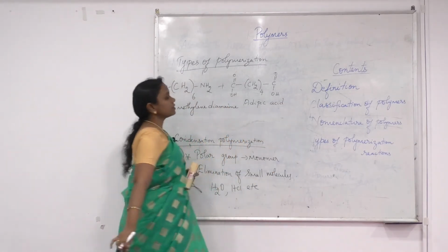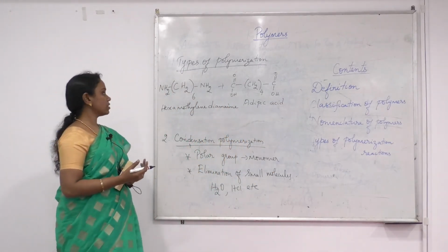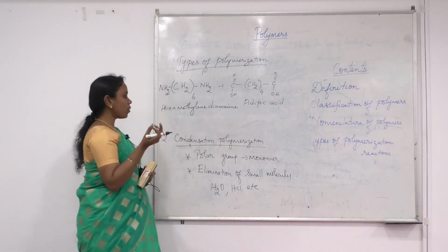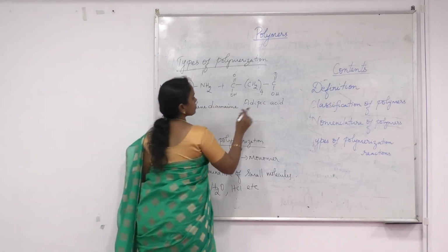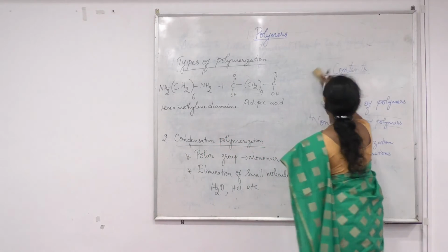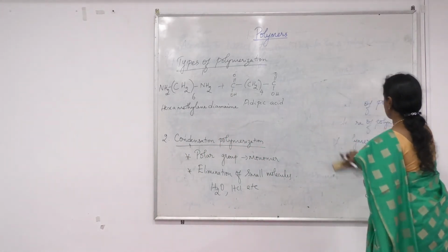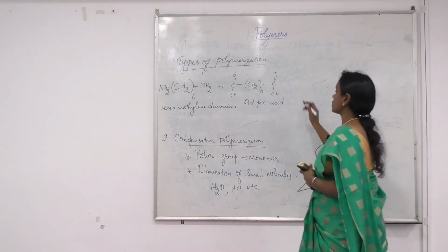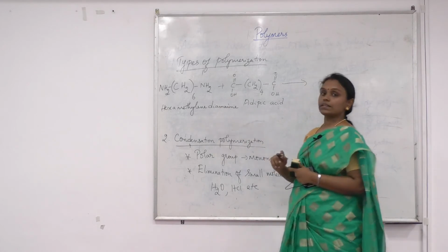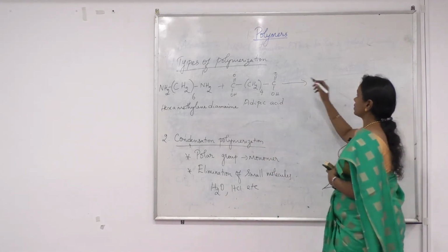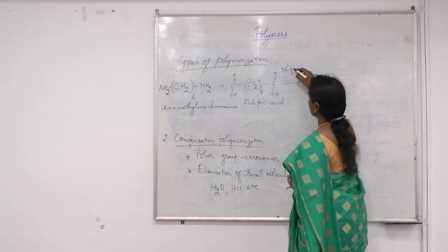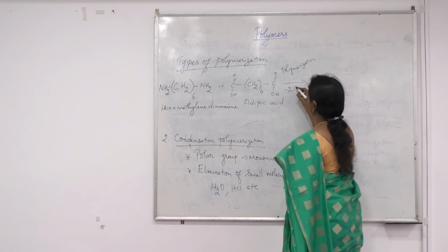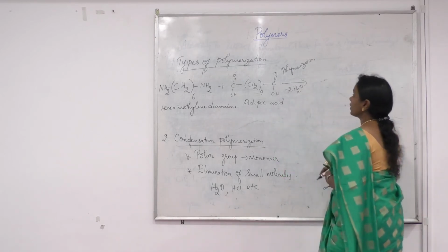So, in the case of condensation polymerization, two different monomers are used, and the monomers should have some polar groups. Hexamethylene diamine and adipic acid undergo condensation polymerization, and two molecules of H2O are removed.